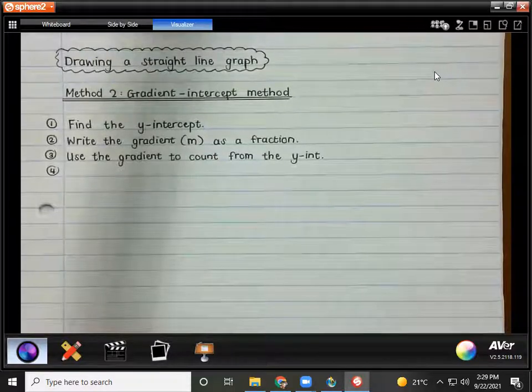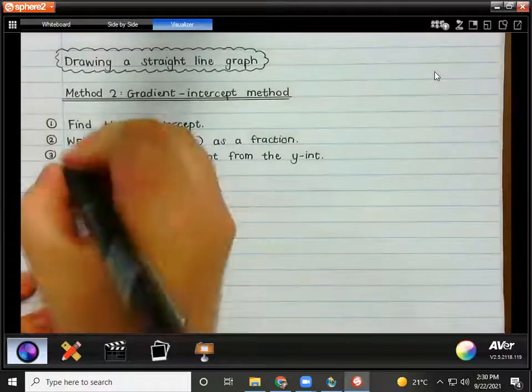I've started writing down the note. You can just copy that down and then I'll explain it and we'll do some examples.